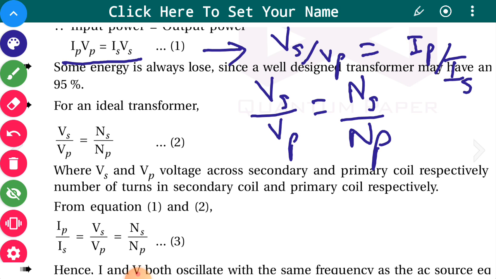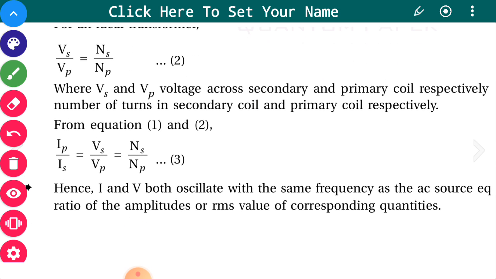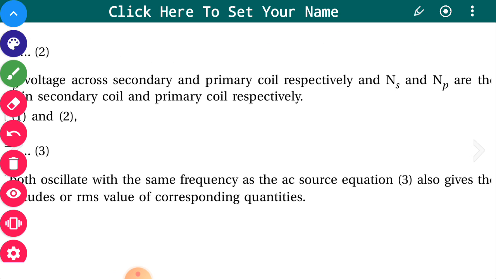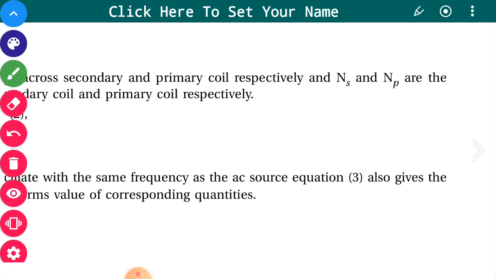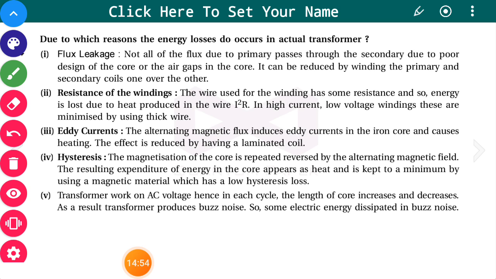So equation number 3 is easily obtained. Hence I and V both oscillate with the same frequency as the AC source, and equation 3 also gives the ratio of the amplitudes or RMS values of the corresponding quantities, that is voltage and current.